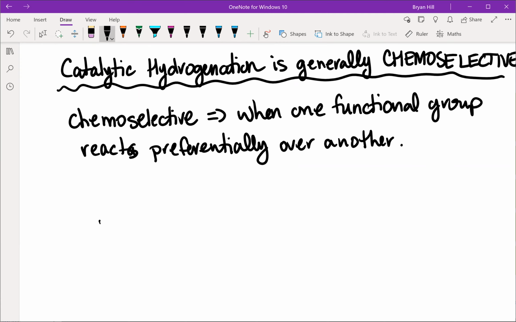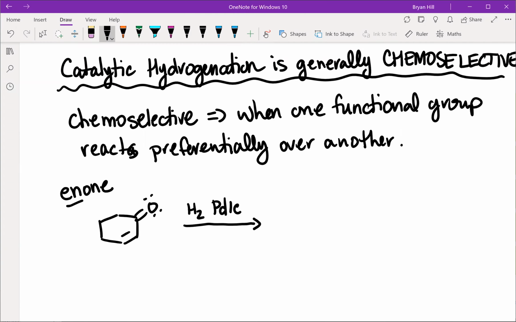So some examples would be if you've got a ketone and it's conjugated with a double bond. So this would be an enone. Ene for double bond, one for ketone. When you do this reaction at room temperature and standard pressure, palladium and carbon, the ketone itself, you can stop the reaction before the ketone itself gets reduced.